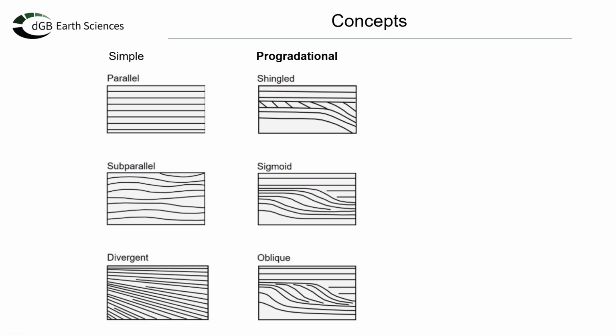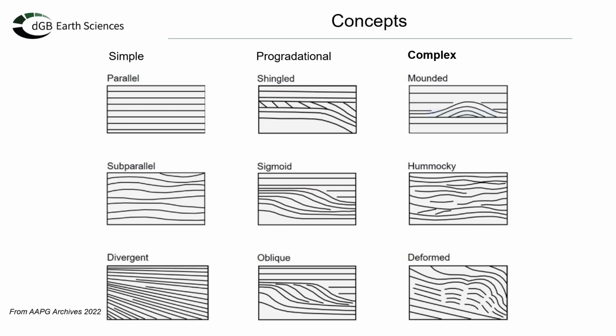Or then third, we have this complex type, where we have mounded features, hummocky features, or deformed features. Now, when I show you the case study from Penobscot, we're dealing with a mixed siliciclastic carbonate system. We see both classic siliciclastic shapes, such as sigmoid, oblique, and so forth, but we also have these mounded shapes where we have reef buildup.